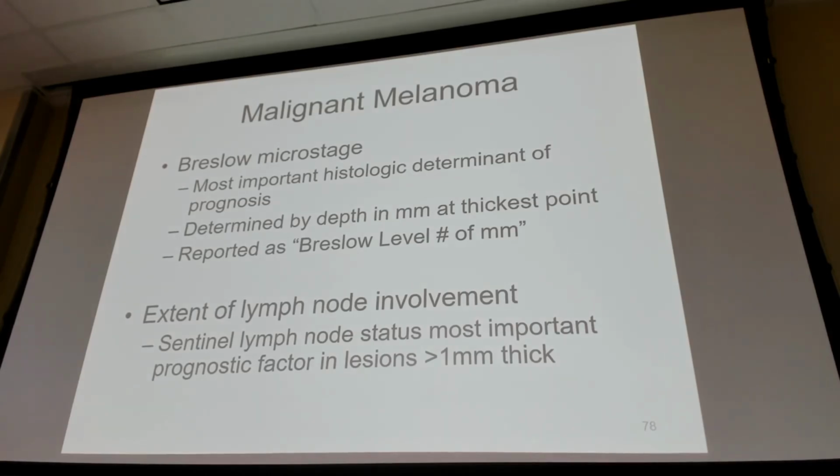How deep does it go? How deep does it dive? Okay, reported as a Breslow level number of millimeters. We talked about that it's around that over 5. That's when we know, not good. Lymph node involvement, right? If we're having some of that metastatic, then lymphadenopathy can be occurring, and that would be a determination of the prognosis.